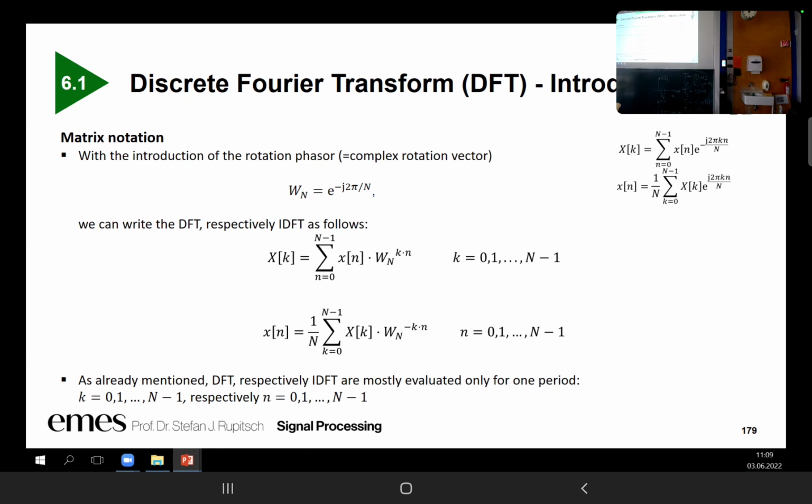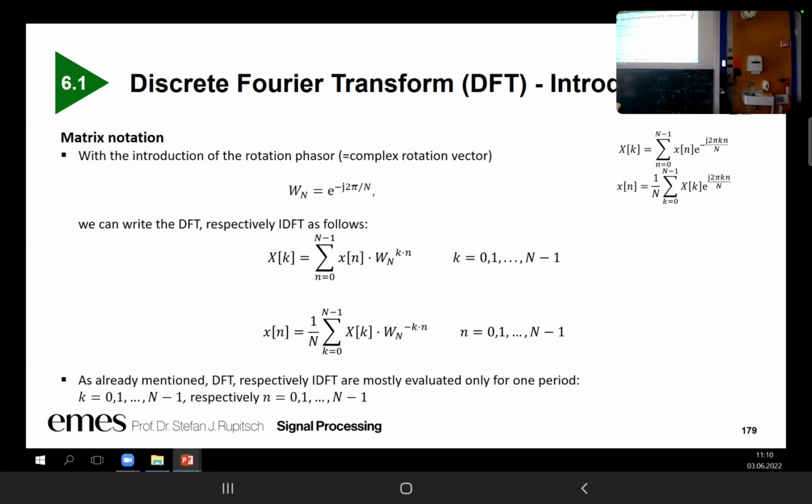And we can write this in a compact manner. We can use this exponential function as a phasor, with the argument minus j2 pi divided by N. If we use this so-called rotation phasor, then we can rewrite both formulas, the direct transform and the inverse transform.